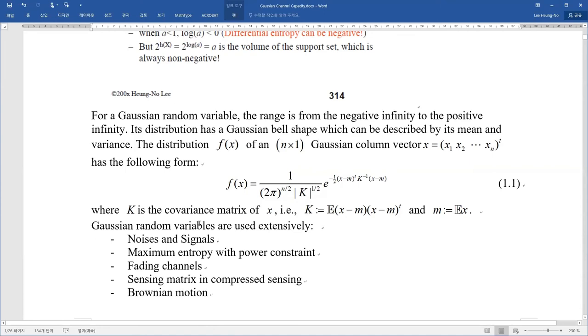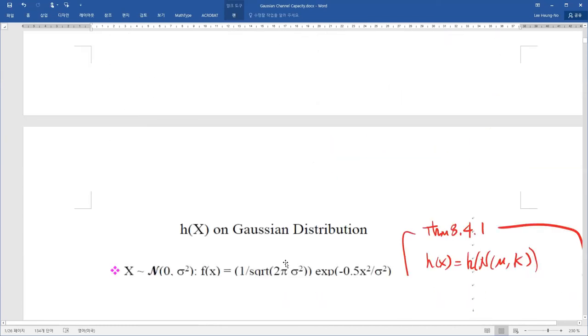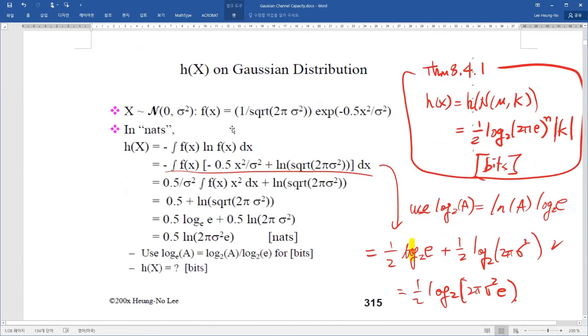So Gaussian random variables are very, very useful, and it is meaningful for us to talk about the entropy of a Gaussian random variable. To satisfy the aim of this lecture note, which is to show the Gaussian channel capacity and the Gaussian channel coding theorem, we need to study Gaussian random variables. Okay, so let's talk about entropy of the Gaussian distribution.